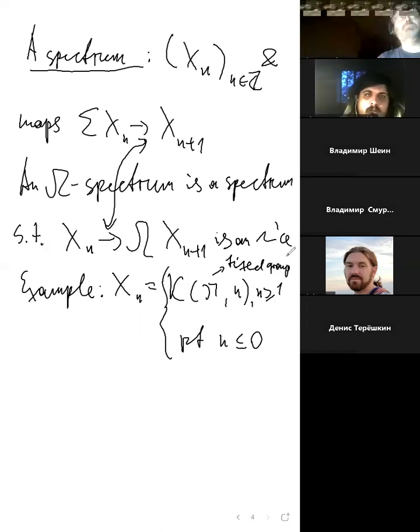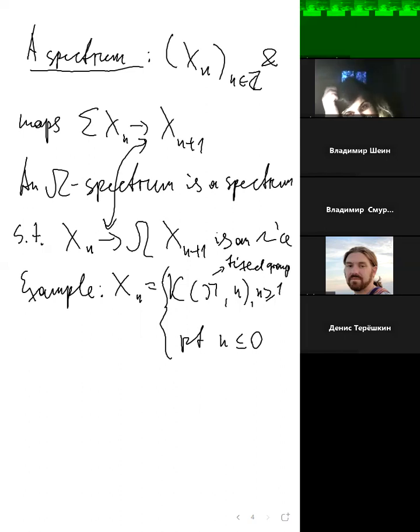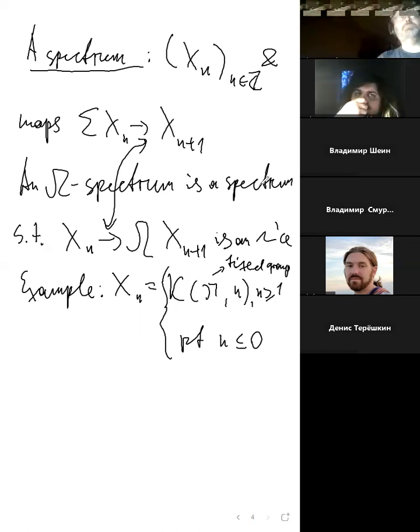So I myself don't like these kinds of questions, but if one describes spectra in this way, as literally a sequence of spaces with these maps, then it's reasonable to ask, what is your favorite model of Eilenberg-MacLane spaces so that these connecting maps become evident?